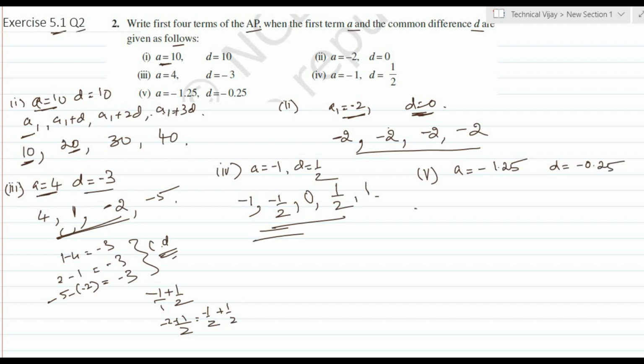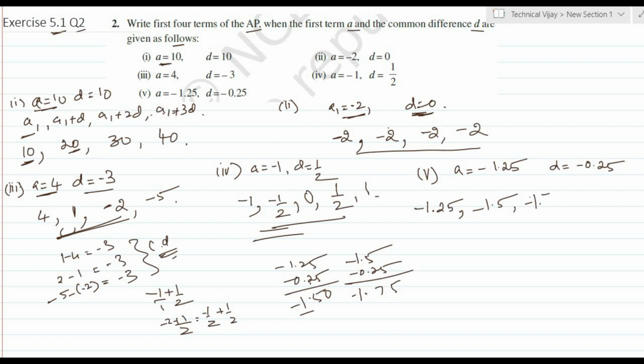Okay, the first term will be minus 1.25, and for the second term we add minus 0.25, so it is minus 1.5. Then for this you have to add minus 0.25 again, minus 1.5 plus of minus 0.25, this is minus 1.75.